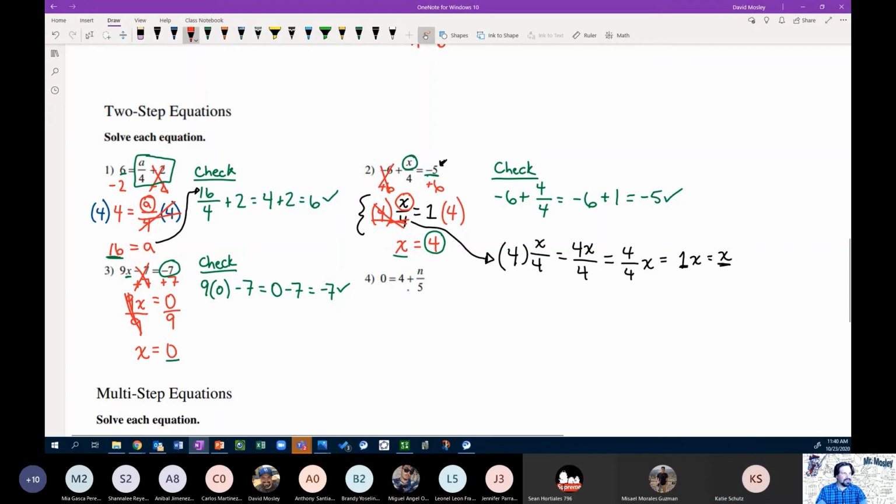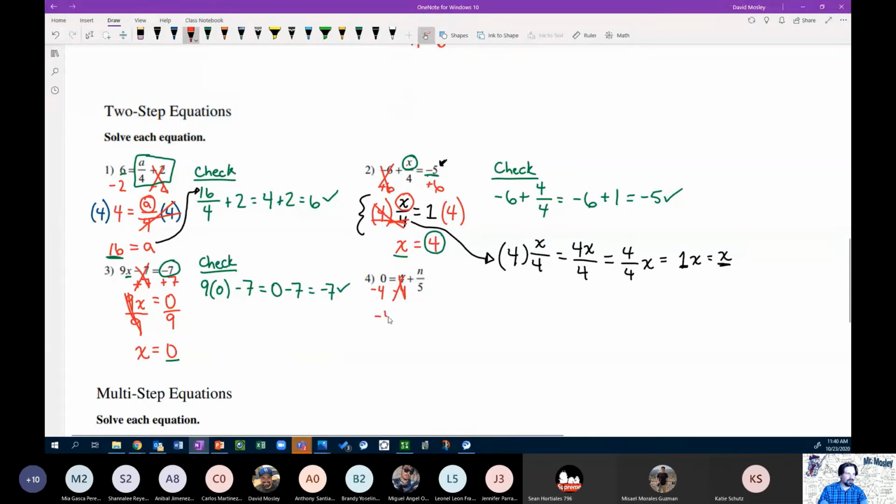All right. Last example, number 4 for our two-step equations. We have 0 equals 4 plus n divided by 5. We're going to start by doing some subtraction so that the 4 over here gets removed. So we do minus 4, minus 4.